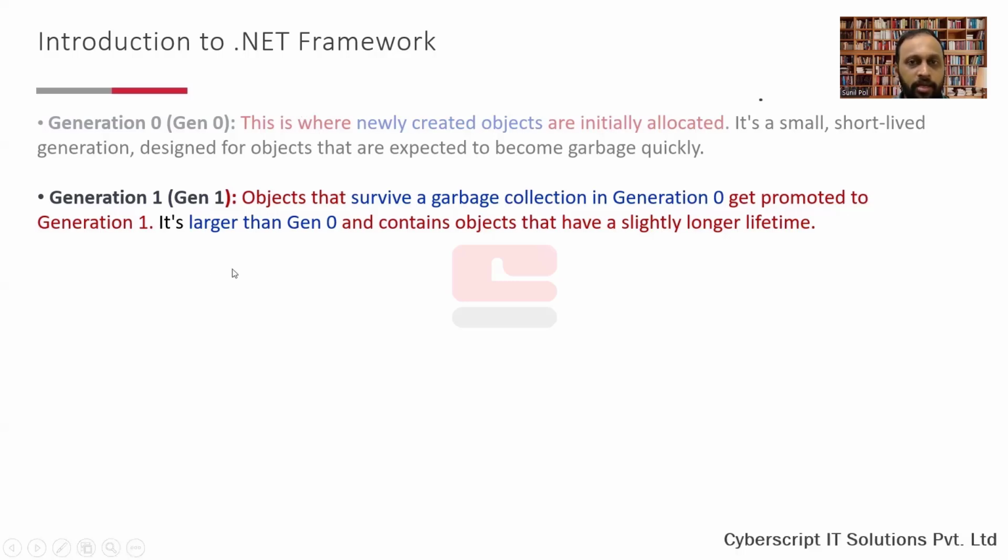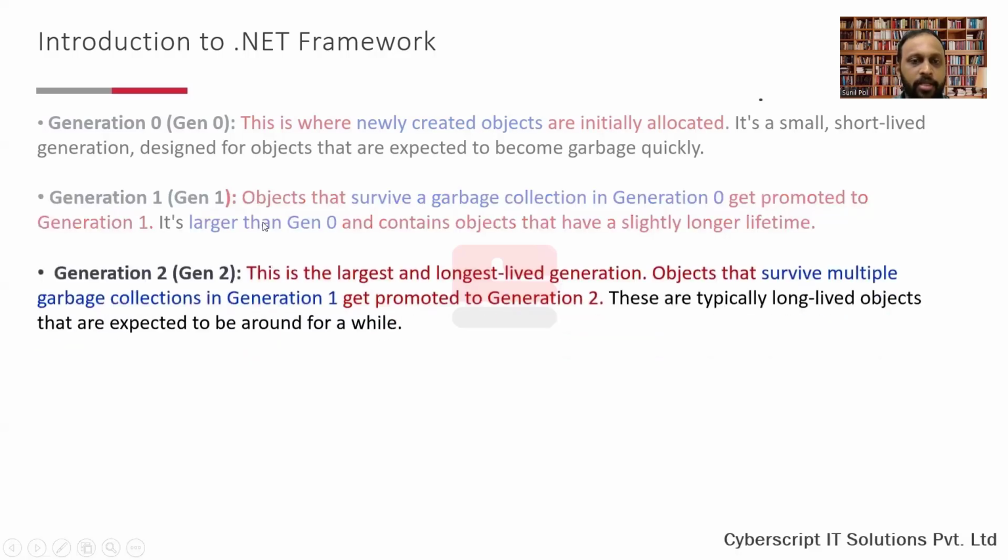There are different types of application roots we have already discussed. There are global variables which would be used by different methods in the application. Global variables have a bigger lifetime than local variables, so those variables which survive generation 0 would be shifted to generation 1. So objects that survive a garbage collection in generation 0 get promoted to generation 1, which is larger in size than generation 0.